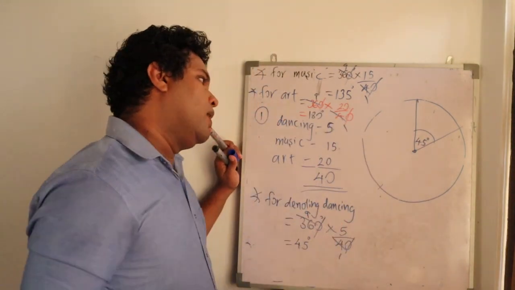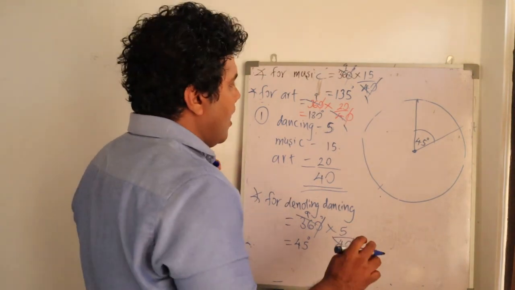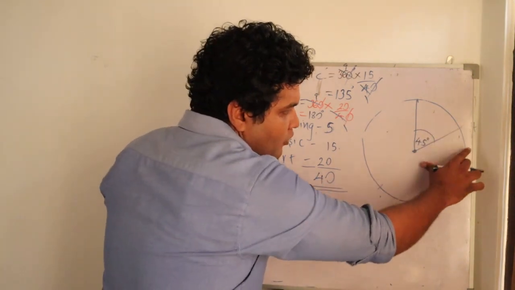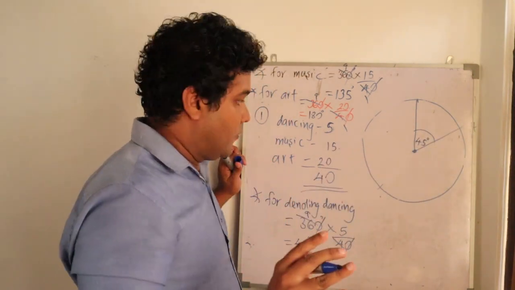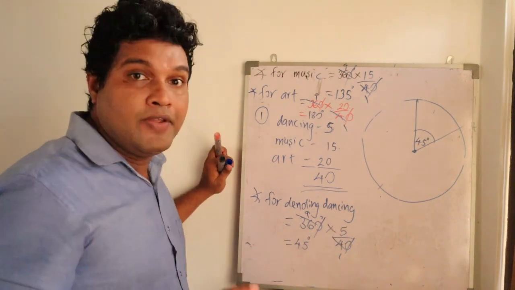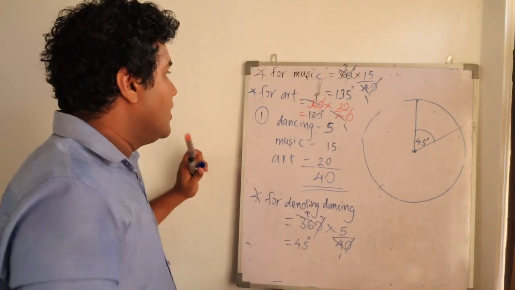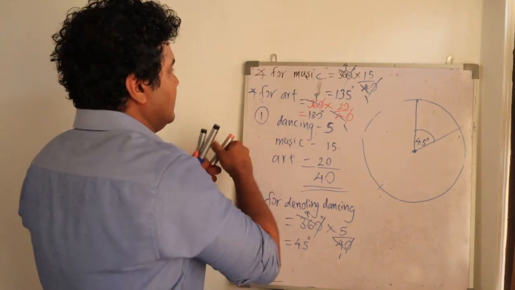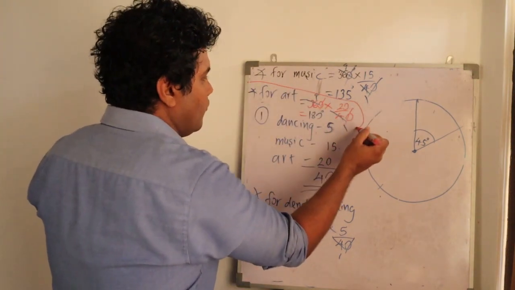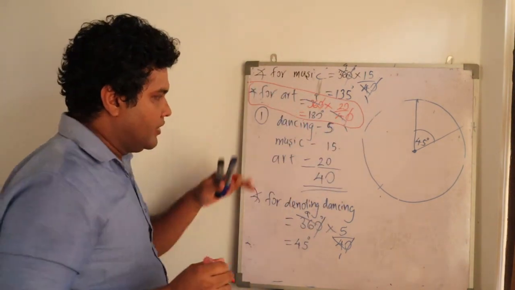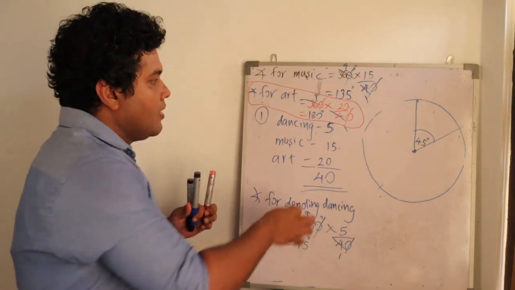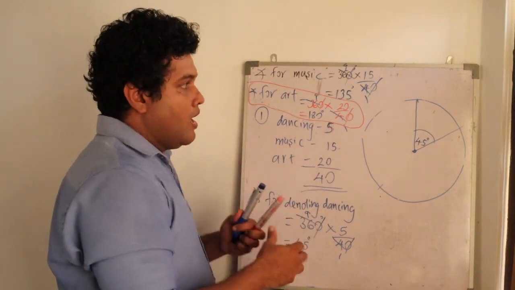How can we get 135? Before you think about 135, you must have an idea regarding the remaining angle too. Finally we kept an angle for art. This is the majority of the society. 180.